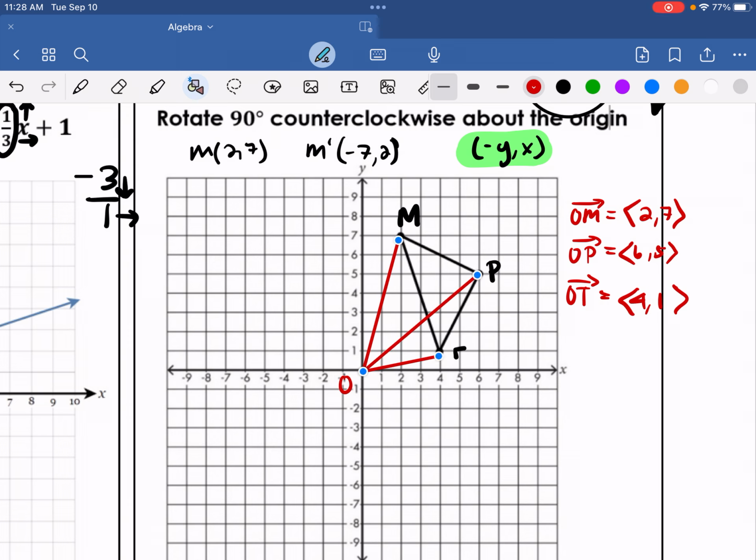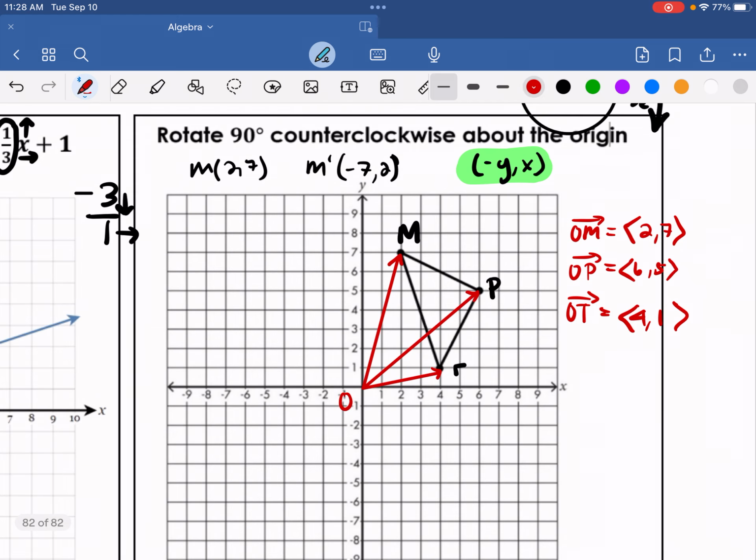Only the arrows are going to turn. If those arrows are going to turn 90 degrees, the new vector for M would be somewhere over here because it needs to make a 90-degree angle. Vector P would turn 90 degrees, and then you would know where P prime is. And then same thing for T.